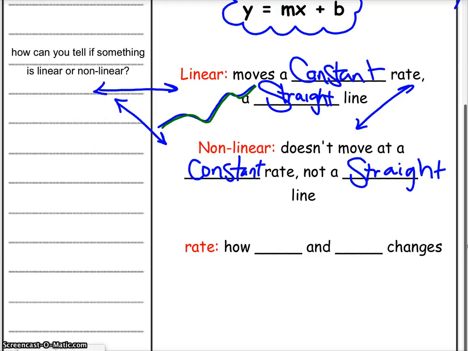Or you can talk about, well, a lot of our stuff that we've done in 4.1 is nonlinear. You didn't just have a constant increase or decrease. Most things are random. So like this, that is nonlinear. That's not a constant. Constant means it goes on for infinity and beyond at the same rate.